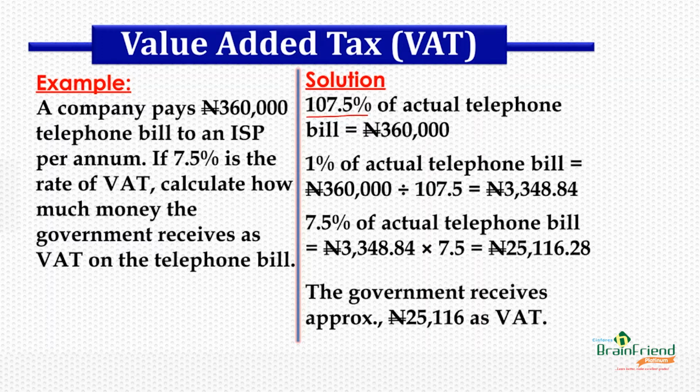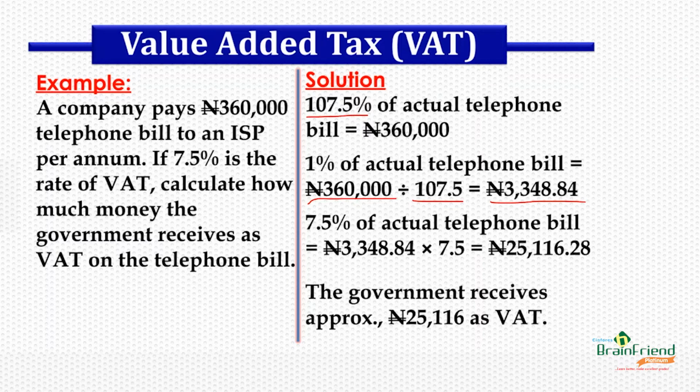Now, to go further, we have to find out what 1% of the actual telephone bill is. And to do that, we can divide 360,000 naira by 107.5. When we do that, we would have 3,348 naira 84 kobo.